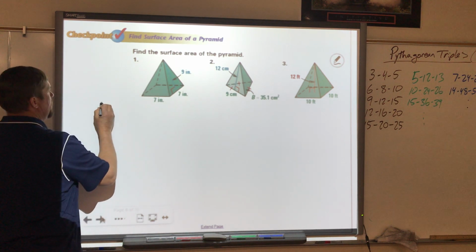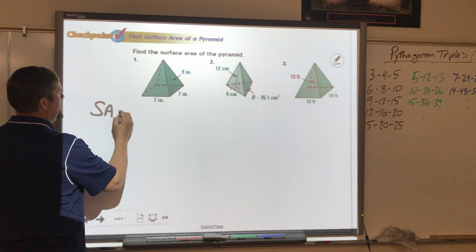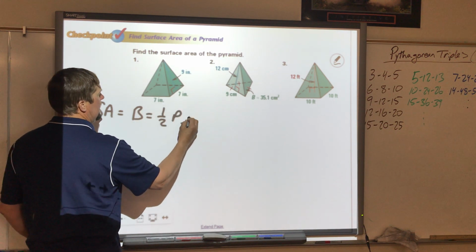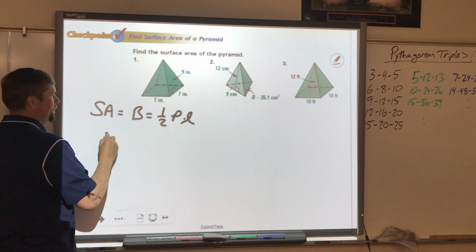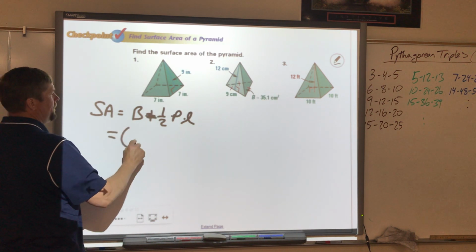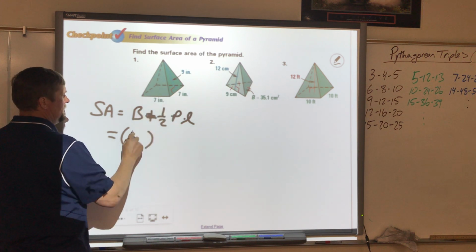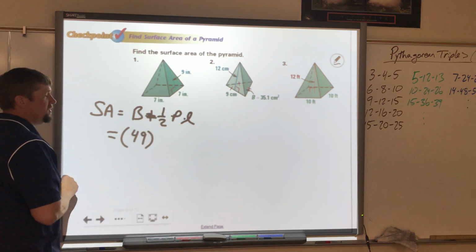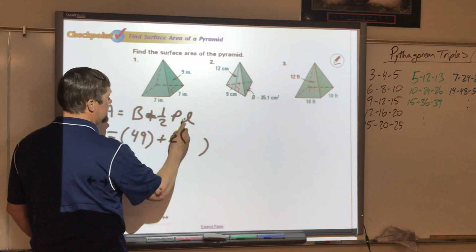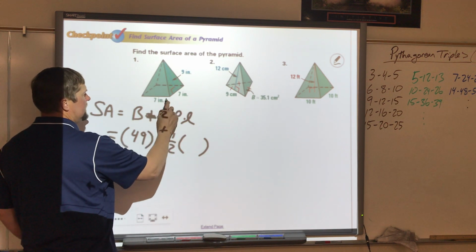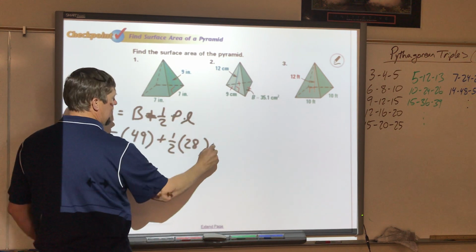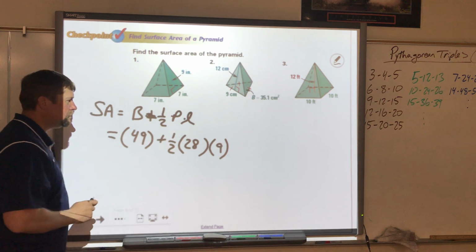Okay, welcome back. So we know the surface area of a pyramid is the area of the base plus 1/2 the perimeter times the slant height. Plus, not equals. The area of the base is 49 because it's 7 squared. Plus 1/2 the perimeter of the base. There's 4 sides that are all 7, so 4 times 7 is 28, and the slant height is 9.